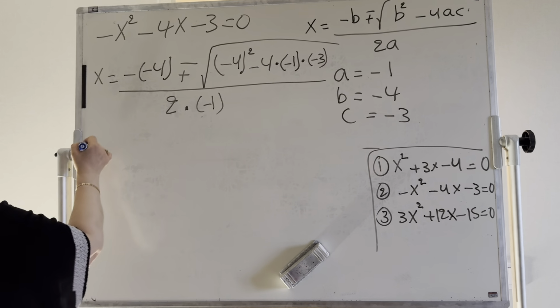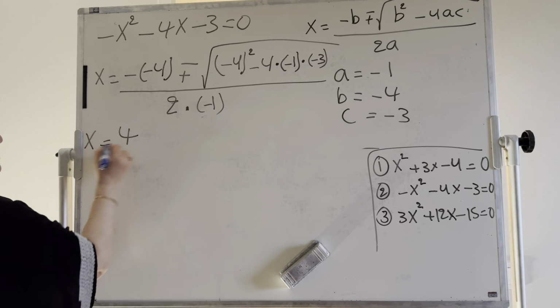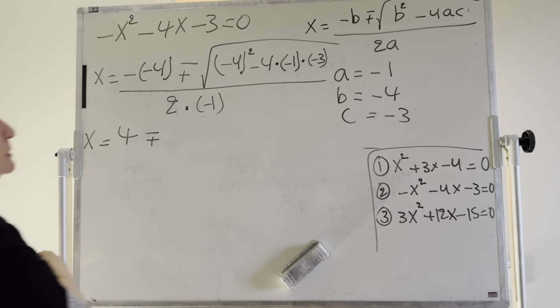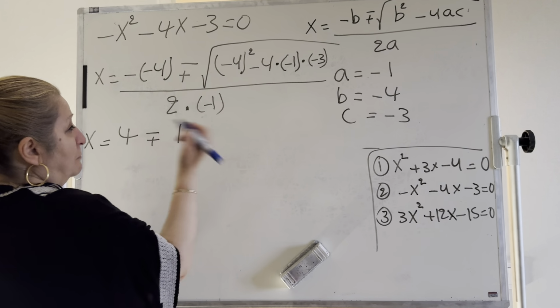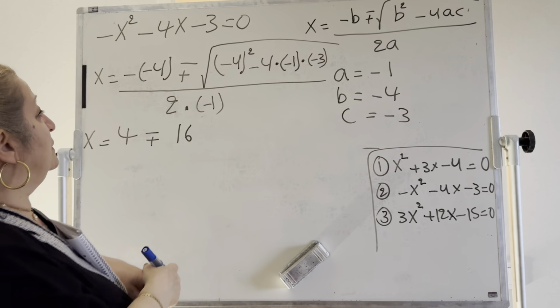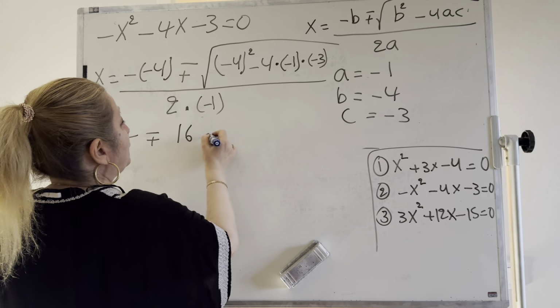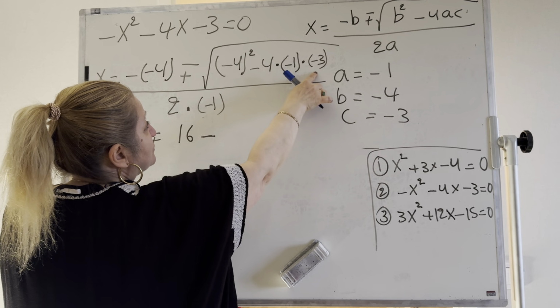Simplify. x equals minus minus 4, plus or minus the square root of 4 squared, 16. Minus 4 times minus 4 equals 16. Minus 4, I will write minus now because I have minus here.